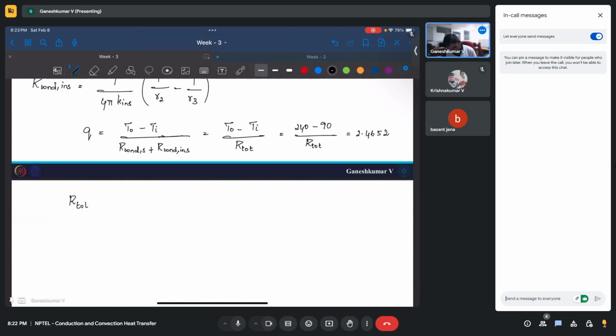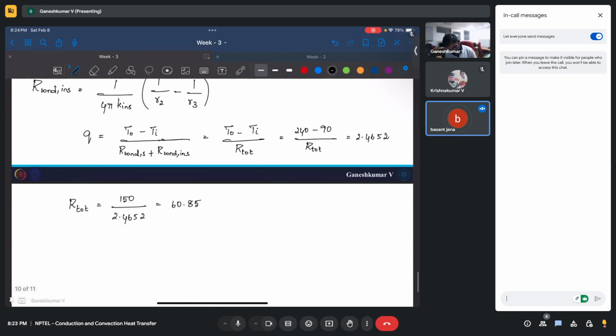R total is 150 divided by 2.4652. How much is this coming out to be? This is 60.85, something around that. So you see you need a total resistance of 60.85 Kelvin per watt.